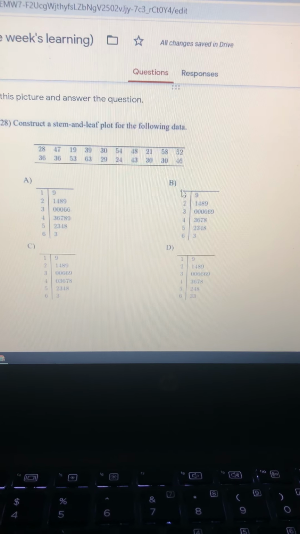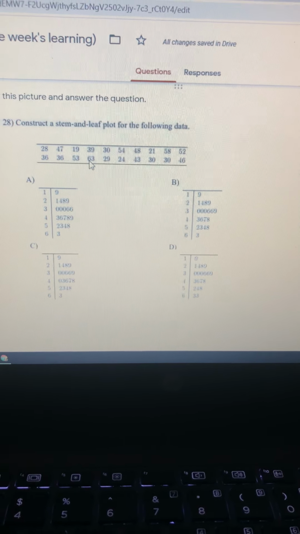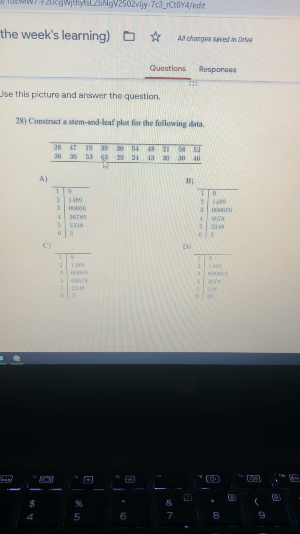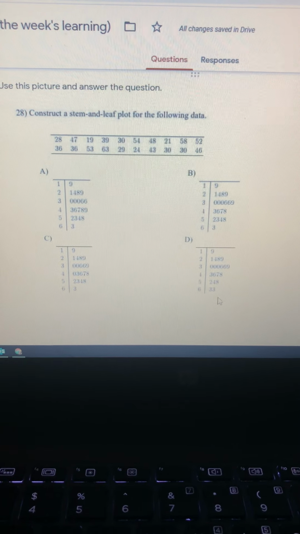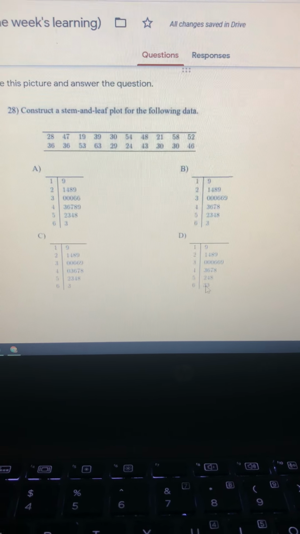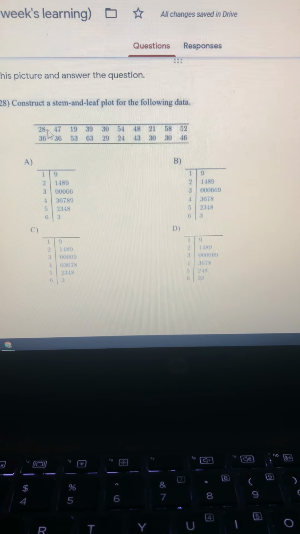That might be a little easier. So we got a 63 here, and it looks like there's only 163. So we don't even have to look at the 5s, because letter D says it has 2 and letter B says it only has 1. Let me make sure I'm not missing anything.